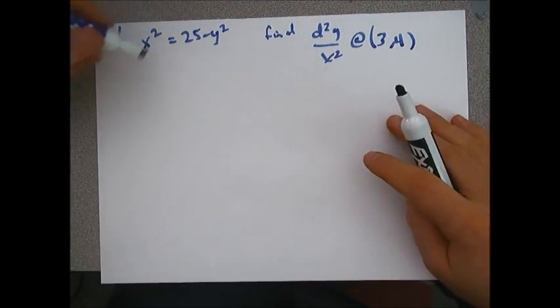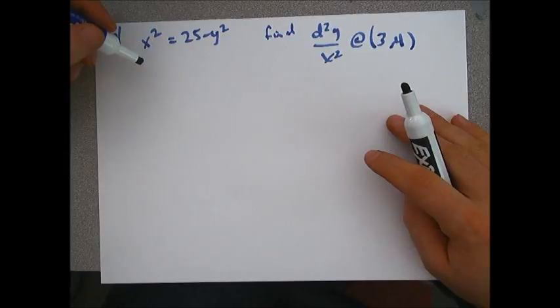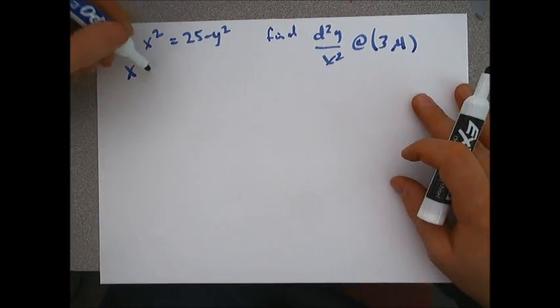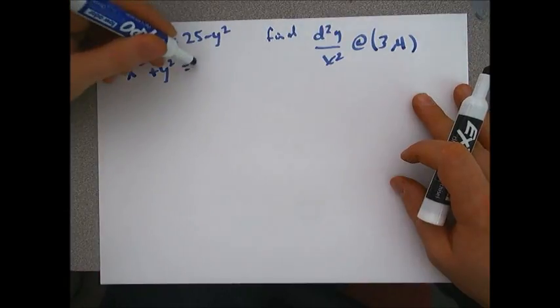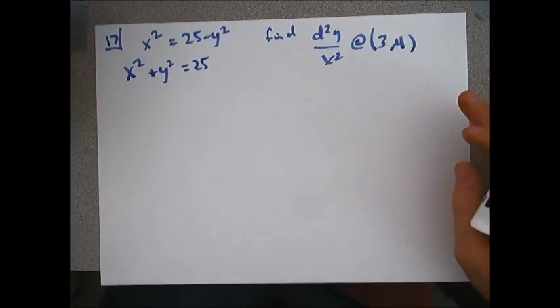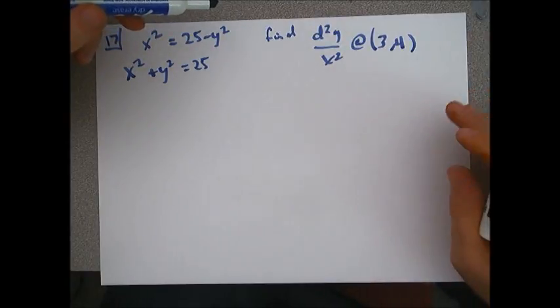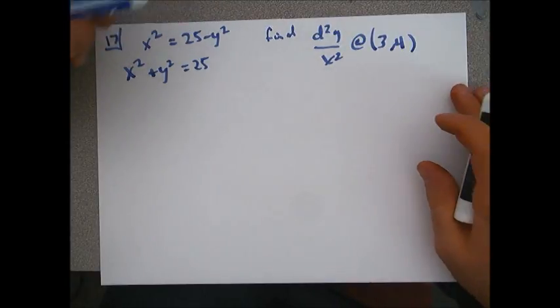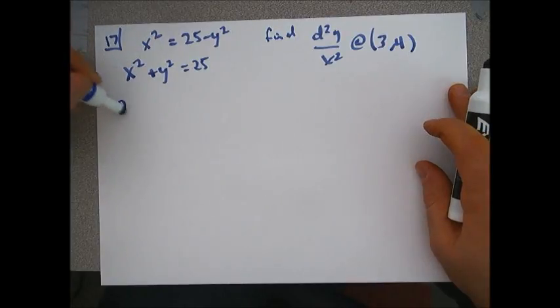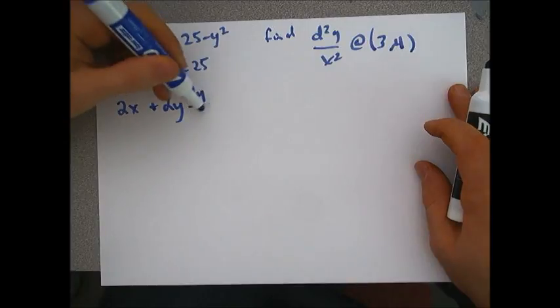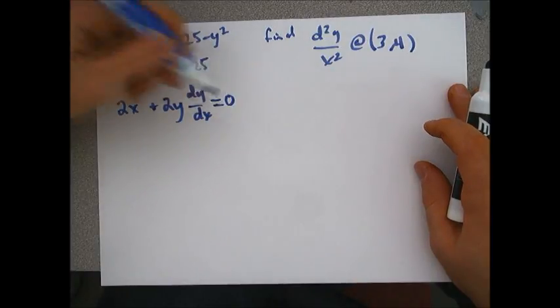You might recognize this is the equation of a circle and bring everything in a format that's more familiar. Don't have to, but I'm going to say this is x squared plus y squared is equal to 25. Now I'm looking at a circle. We want to find the second derivative, so I should find the first derivative. This is implicit differentiation, so x squared goes to 2x. Anything with a y, we dy dx it, and the 25 is going to be gone.